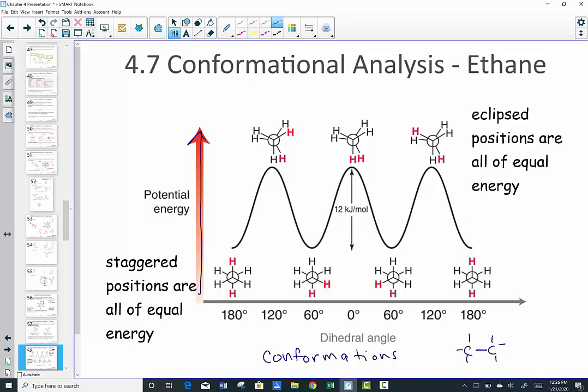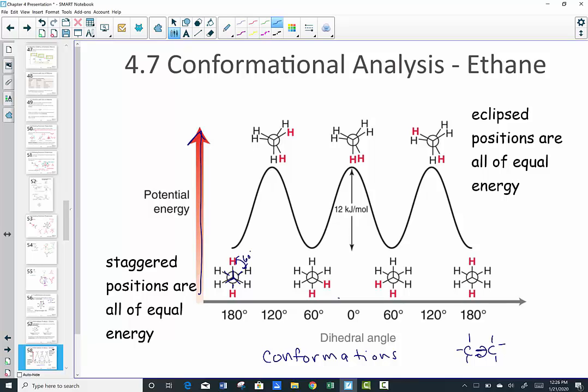And this is the bond that I'm twisting between the two carbons. Carbon number 1 is attached to 3 hydrogens. Carbon number 2 is attached to 3 hydrogens. When the 2 hydrogens are given the space of 60 degrees, you're looking at the most stable conformation.